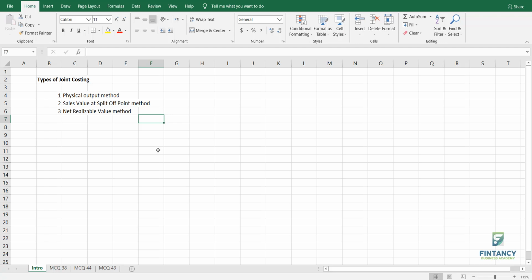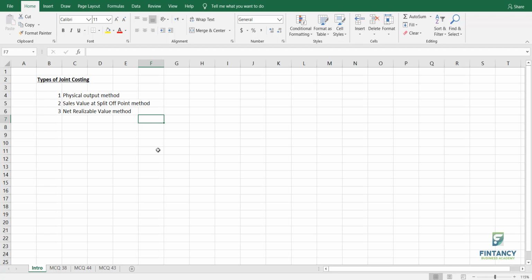So in this case, you are doing some extra effort, which is done after the split off point. So in that case, we use the NRV method when you further process the partially completed finished good. Okay, getting the story, everyone? This will be clear when we do these three MCQs. Plus, we have another question, an essay question, which we will do after completing these three MCQs. I hope it's clear to everyone.